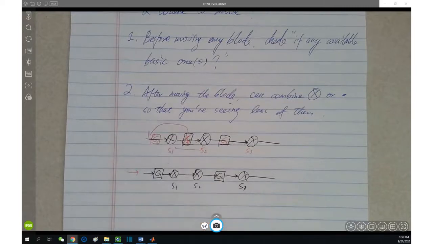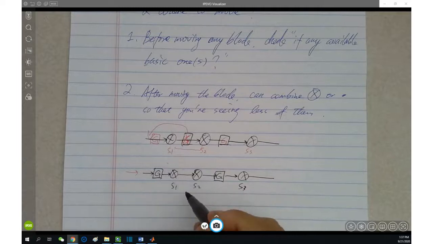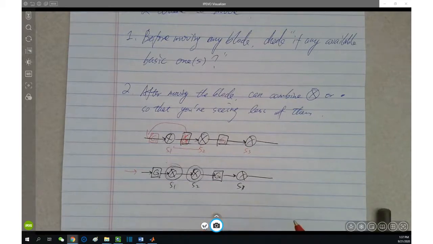Of course, you're going to do those. I'm not excluding those. I'm just giving you an example here. After this moving, you see these two summing junctions next to each other. Very good. Guess what? You can combine them together.